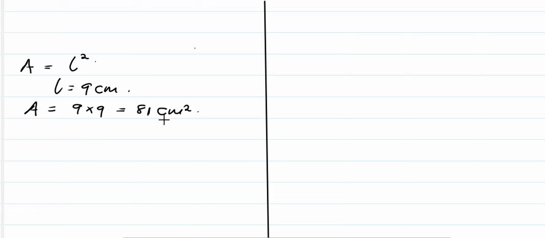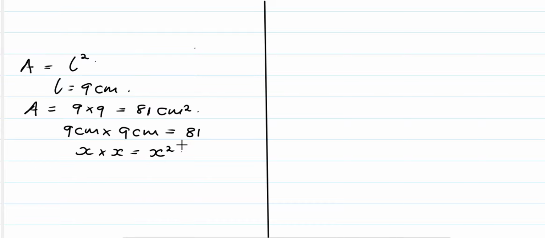The reason why I'm putting this centimeter squared is because each of the sides here, if one side is 9 centimeters like this, then the other side is also 9 centimeters like this. As we multiply the 9 and 9, which is 81, we also multiply the centimeters. If I give you x multiplied by x, it will be x squared.